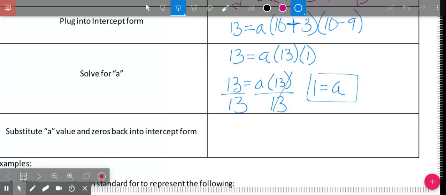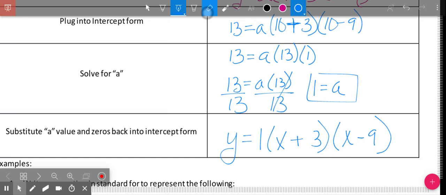Now we're going to substitute that a value back in, with that p and the q value. So we still have y is equal to, my a value is a 1, x minus a -3, so we can write that as plus 3. I'm going to get rid of that so it's not that messy. So plus 3, and then x minus 9.